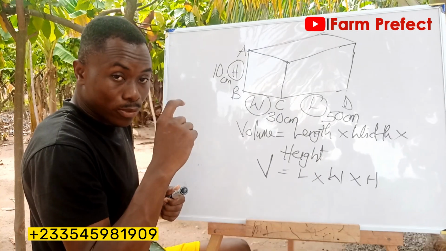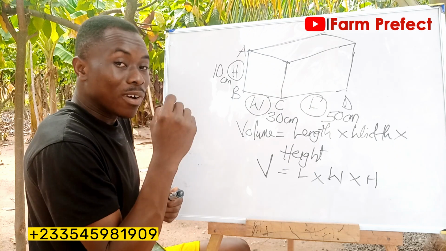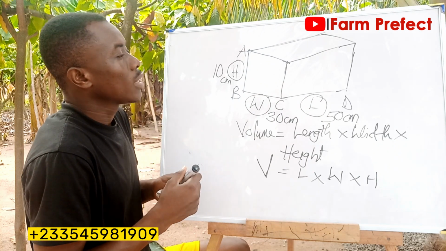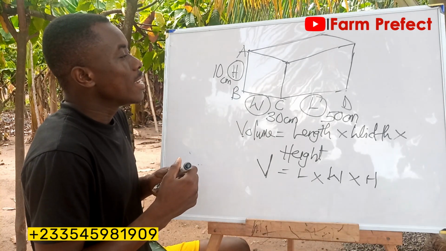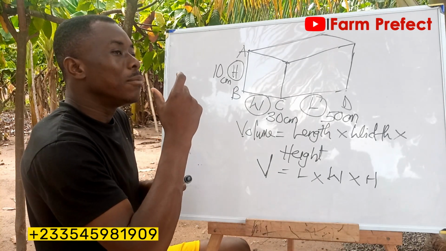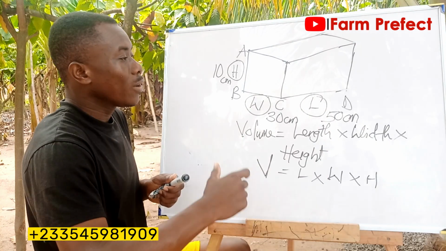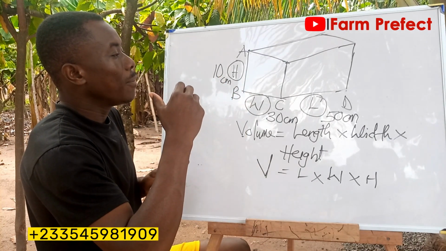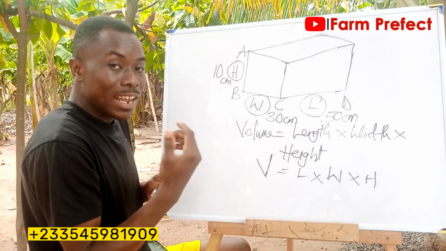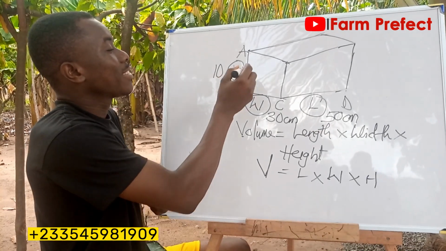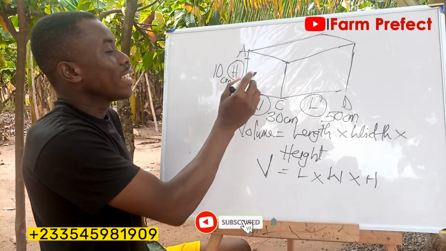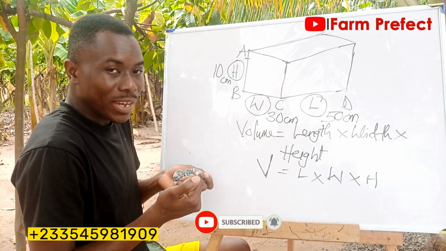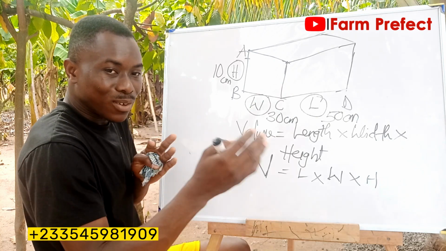an overflow. If your pond doesn't have an overflow, then you'll be in danger, especially if it is in the open. Now, the overflow point is to serve as a check, so that when the pond is overfilled or getting above the ideal level, then the water can automatically get out of the pond. Yes, that one you don't have to open. No, the overflow is always open.